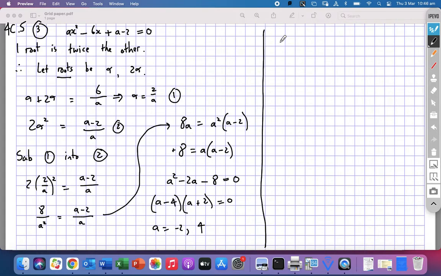And so actually we would have to consider two quadratics. What it means is there's two values of A for this particular quadratic that will result in roots where one root is double the other root. So, two quadratics.